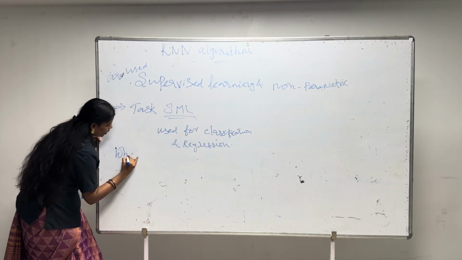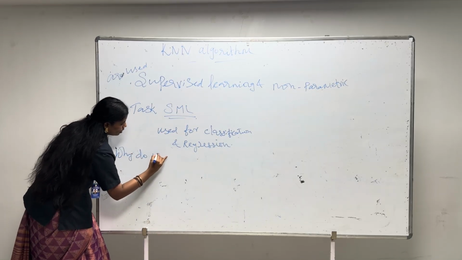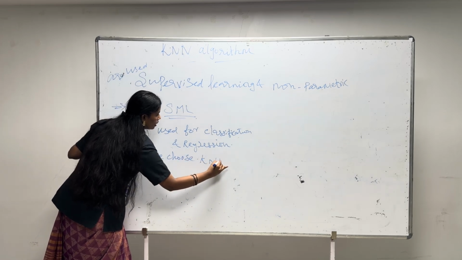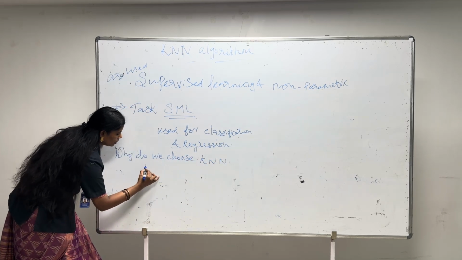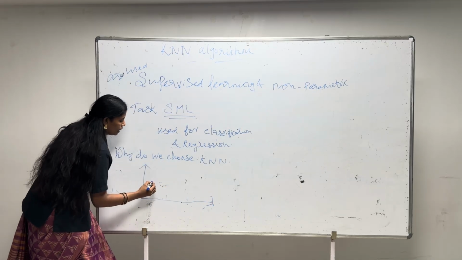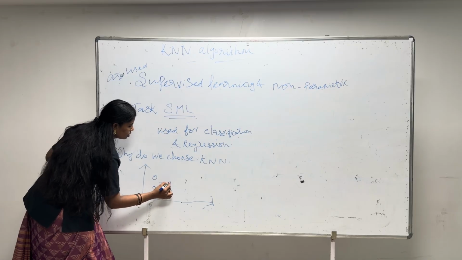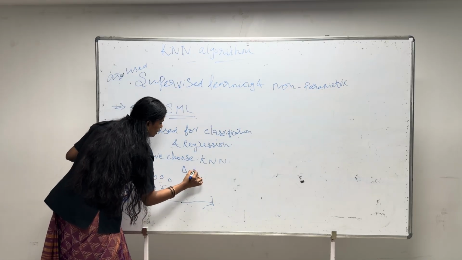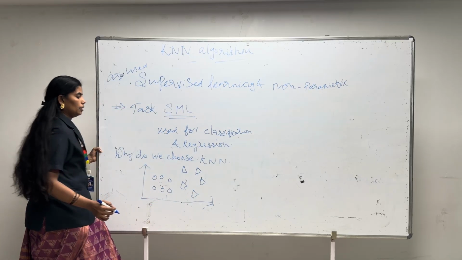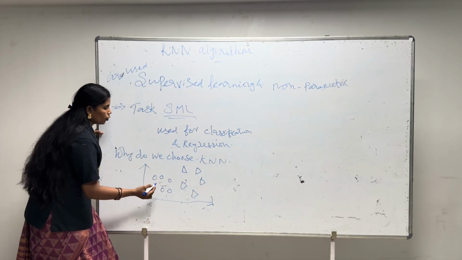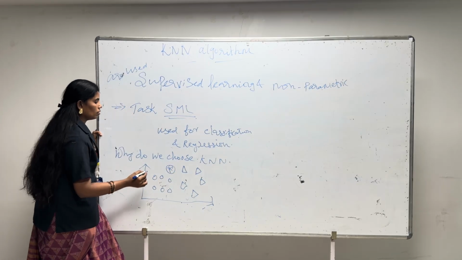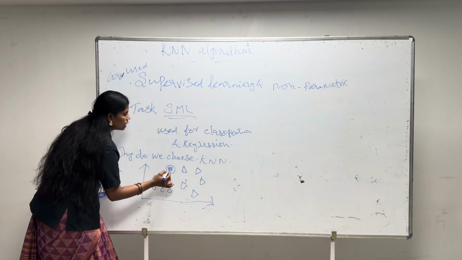Next, why do we choose KNN? For example, I am taking two samples of data sets, circle data sets and triangle data sets. We are going to find the distance between the new input data, which I am giving as a circle.